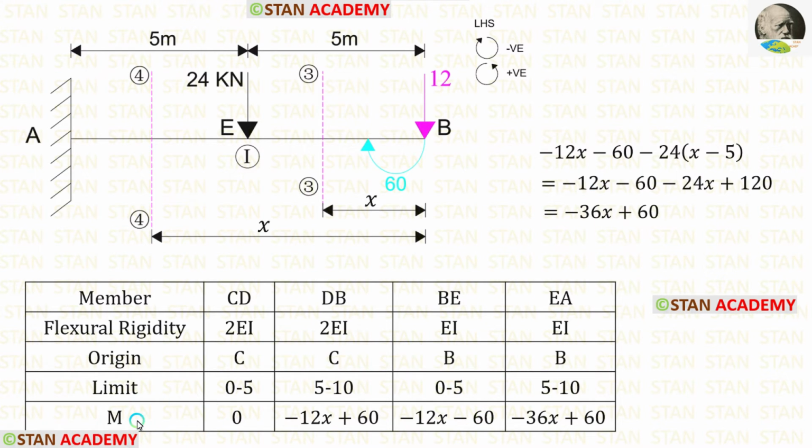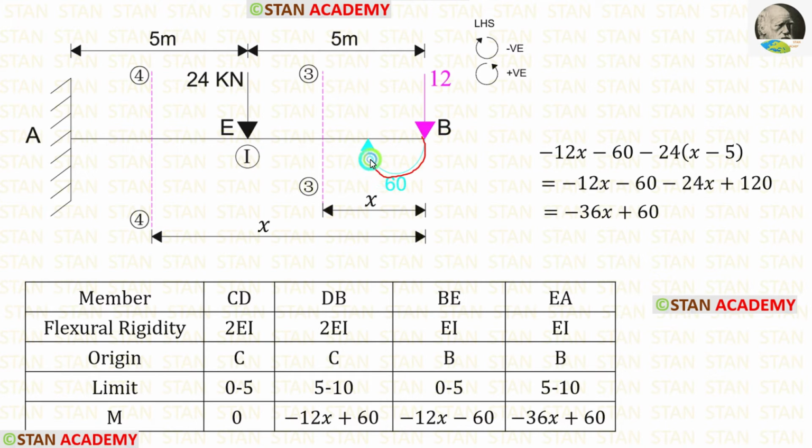Now let us find the moment in EA. Up to the section, we have the point loads 12 and 24 and the moment 60. The point load 12 is acting in the clockwise direction, so it will be negative, and the distance is x, so minus 12x.